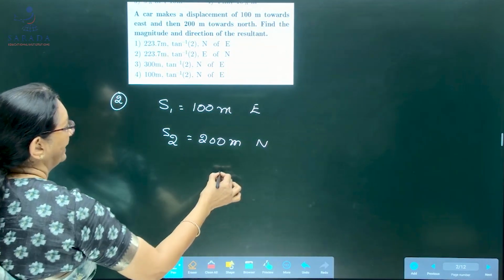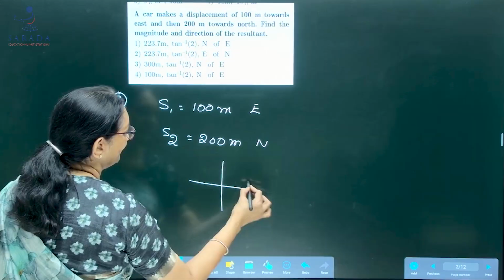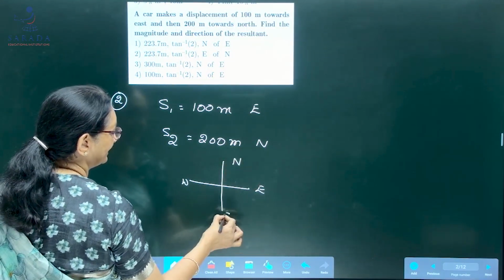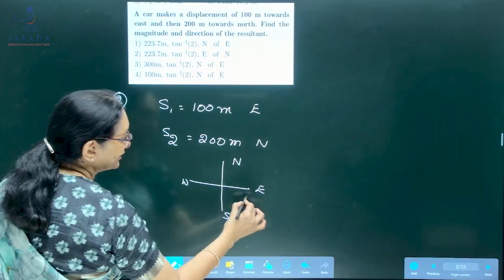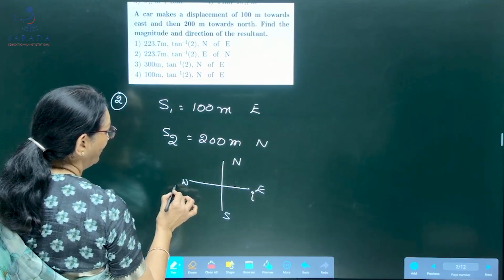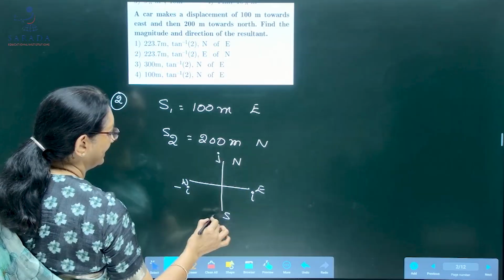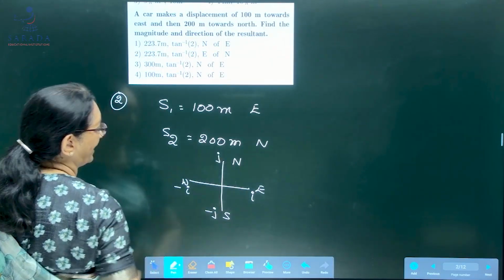See here, our convention is this is east, this is west, this is north, this is south. East is referred to as I bar, west is minus I bar, north is referred to as J bar, south as minus J bar.